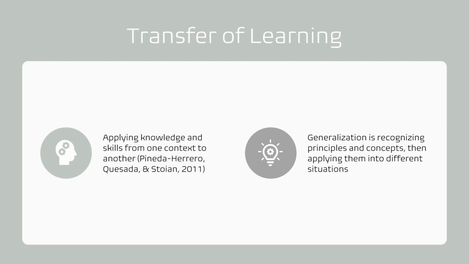So in the context of e-learning, the challenge here lies in transferring skills from the virtual environment to real-world settings. And the process of generalization involves recognizing the underlying principles and concepts and being able to apply them appropriately in different situations.